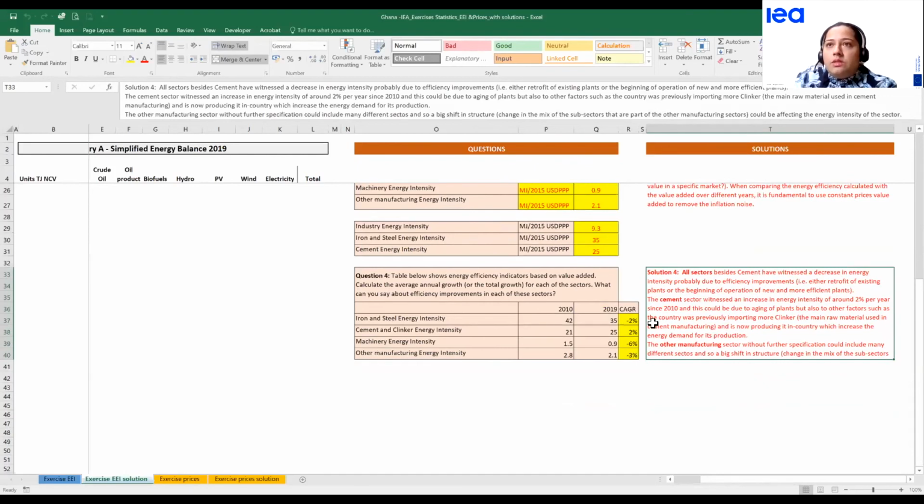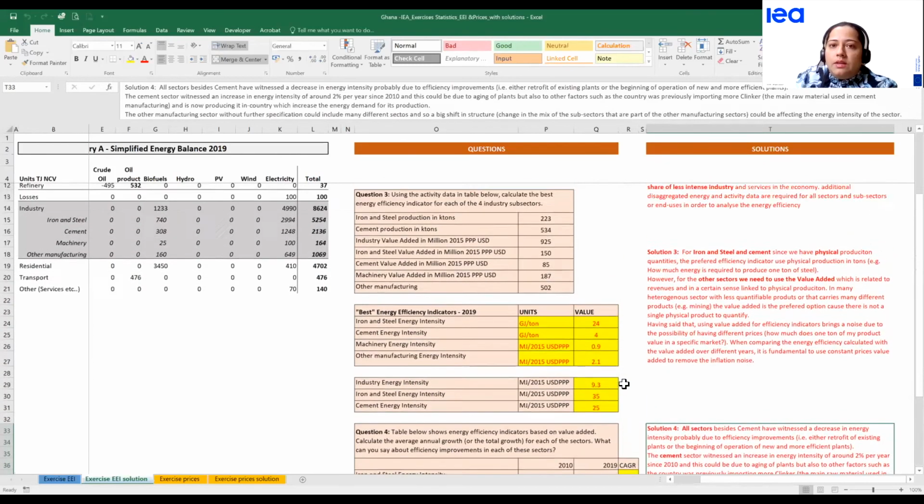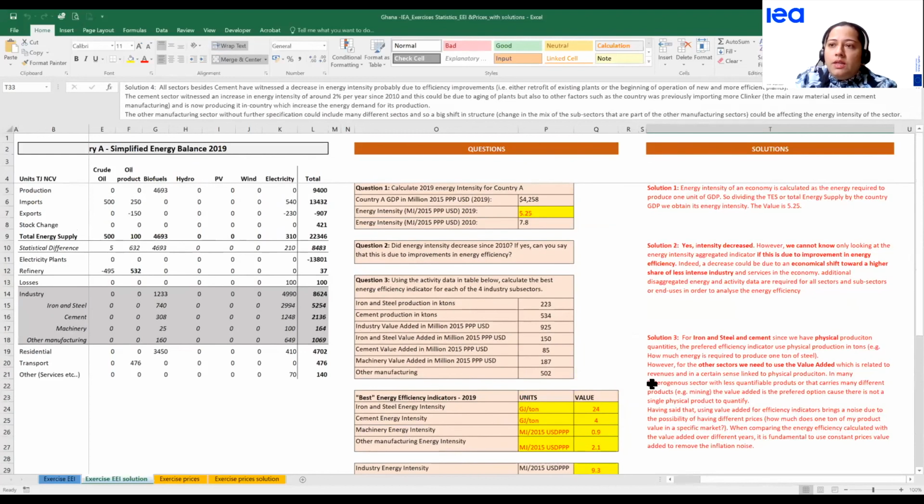So that was the small exercise on energy efficiency indicators. Again, like prices, please take the time to review it. And you can also send me questions by email on this exercise if you have doubts on any of the answers, or if you want some more explanation.